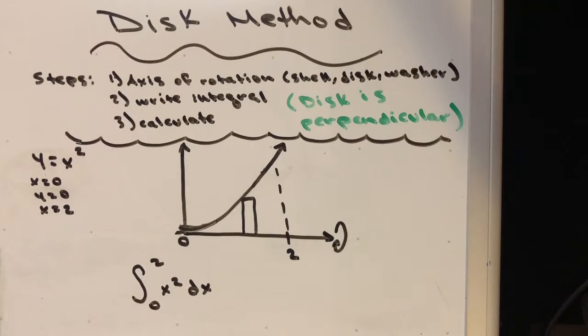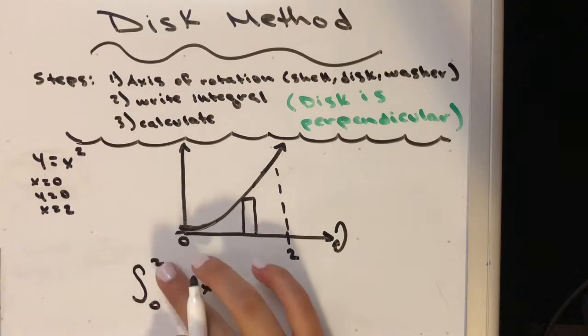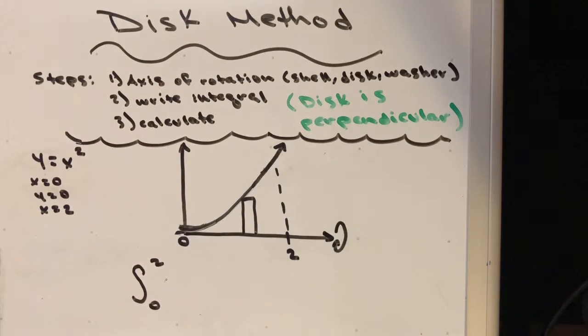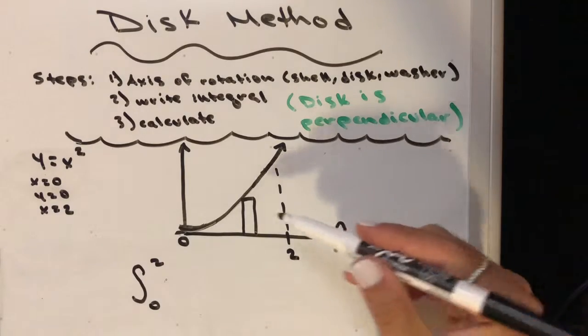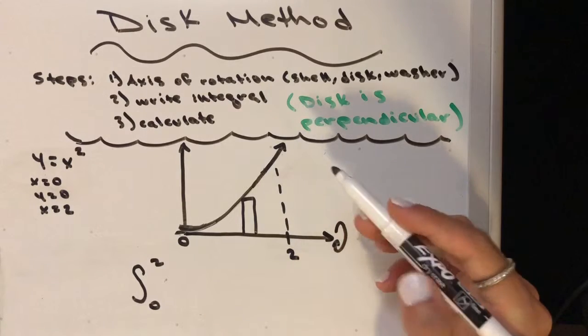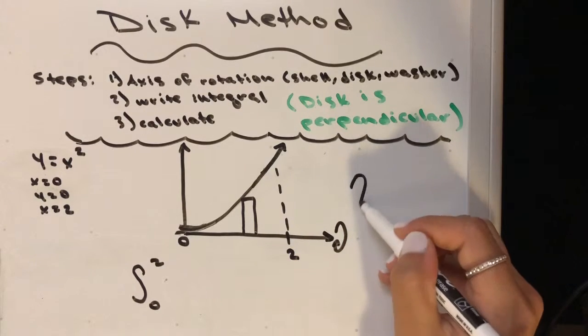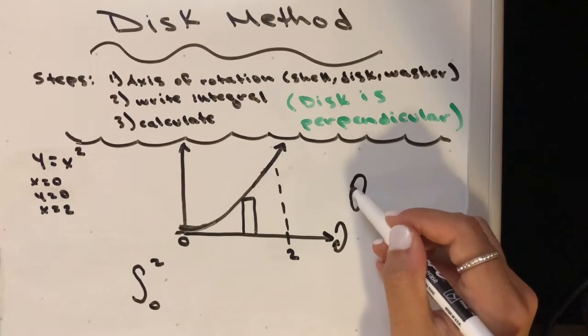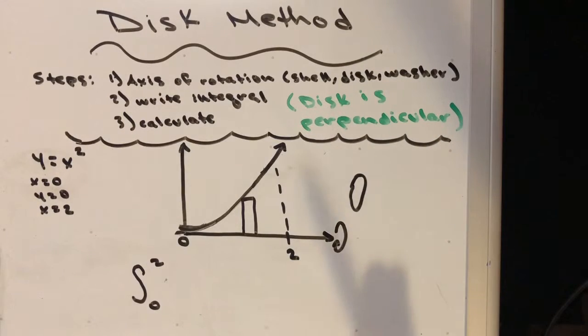But in this case, we're not just worried about area, we're worried about volume. So when this is doing its revolution around the x-axis, it's going to create this type of thing, right? But with volume. So it's going to be like a circle.